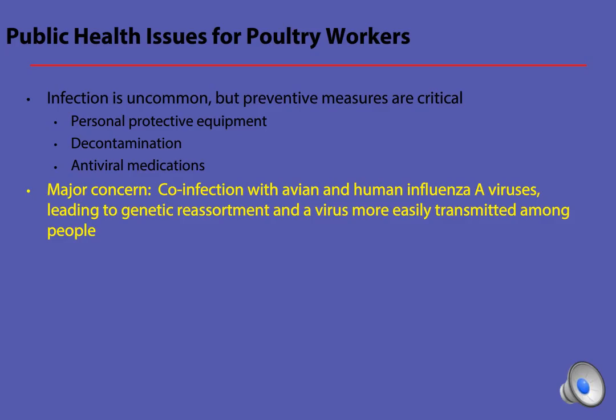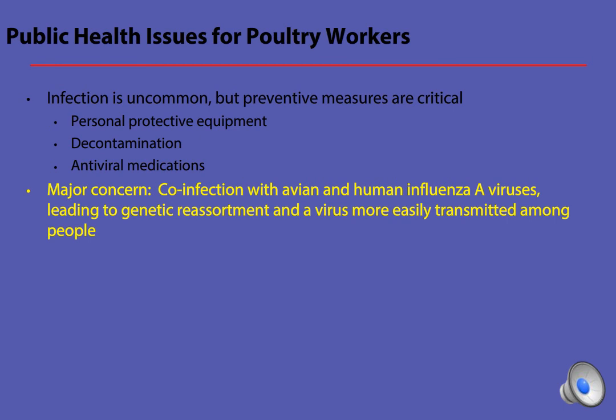Poultry workers are particularly at risk. Infection is uncommon, but when infection happens, it can be very significant or lead to death. And so we've continued to have small numbers of avian virus infections leading to death.